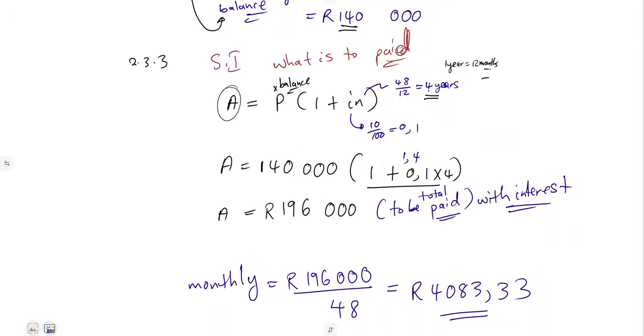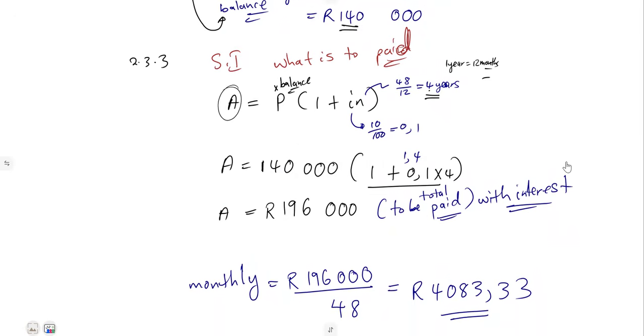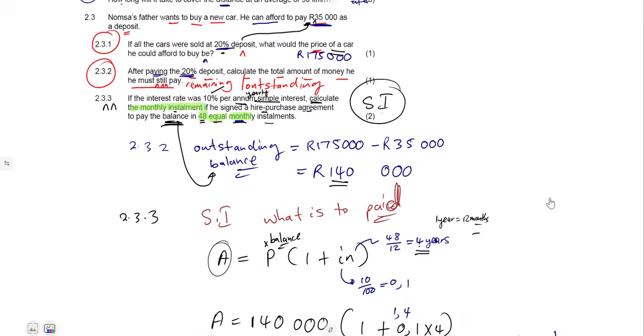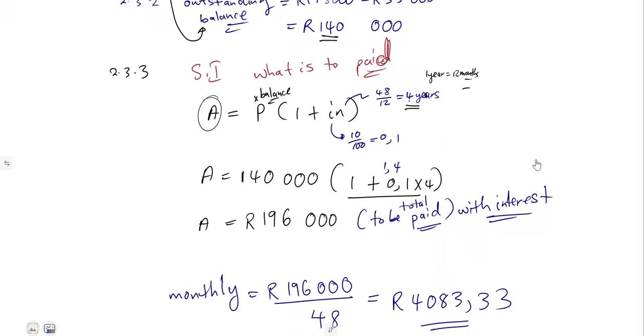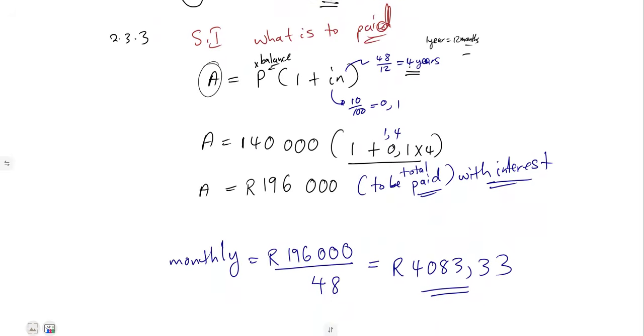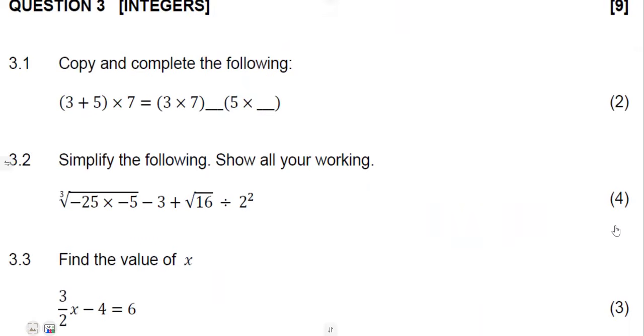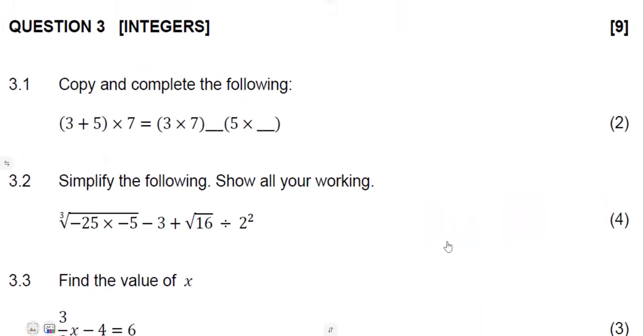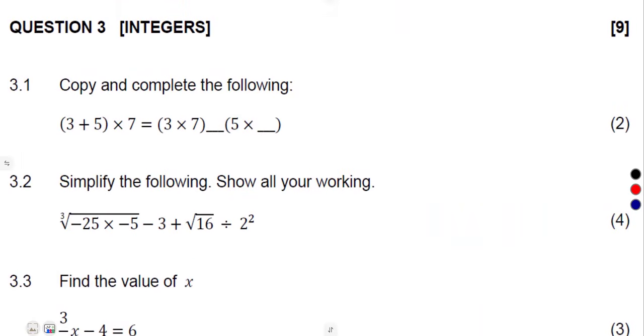Understand the question. Understand what you're given. So they wanted monthly there. There can be so many ways of calculating the total, then after that, you calculate your monthly, guys. Just try to do that for the sake of revision. Let us move on to question 3 on integers.